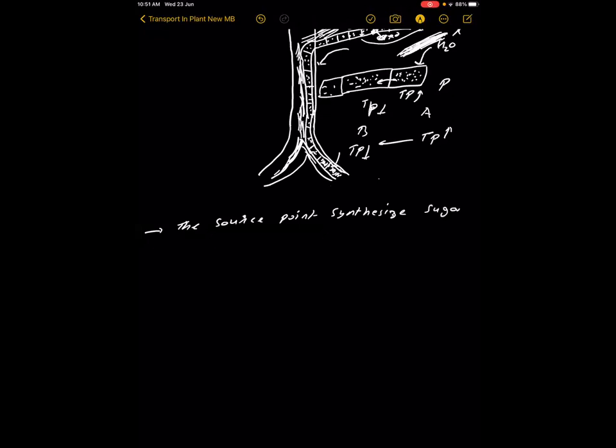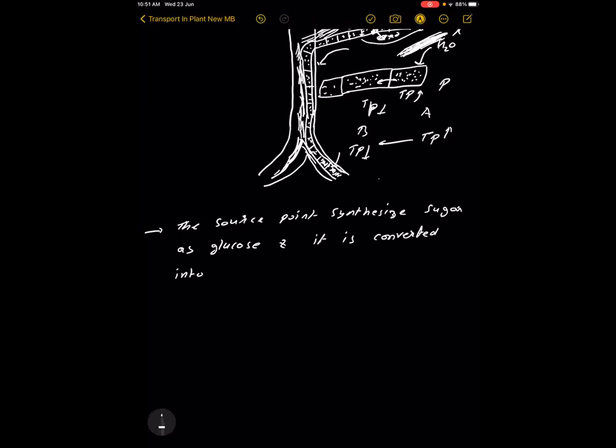Sugar is synthesized as glucose and it is converted into sucrose.